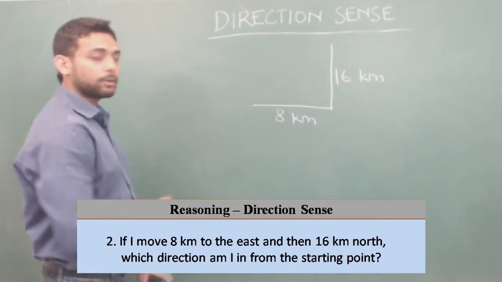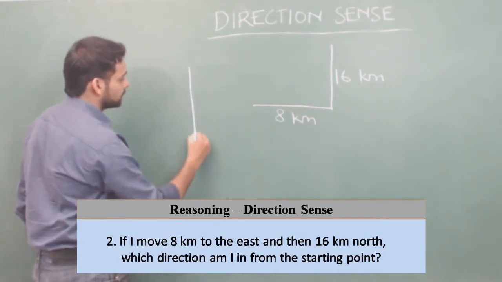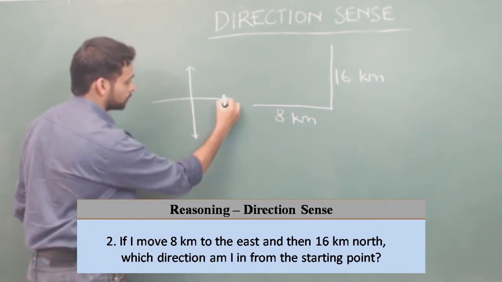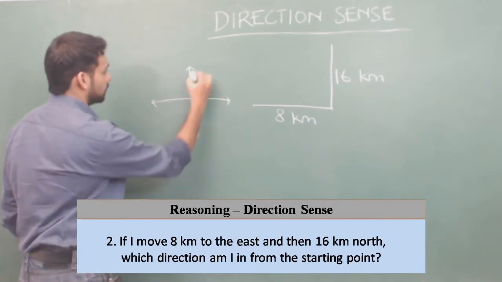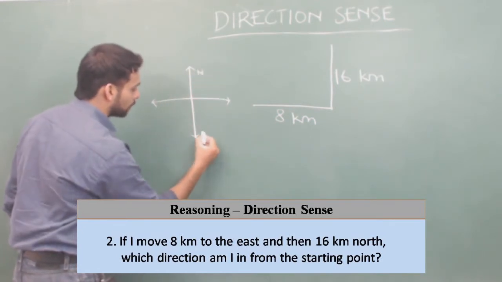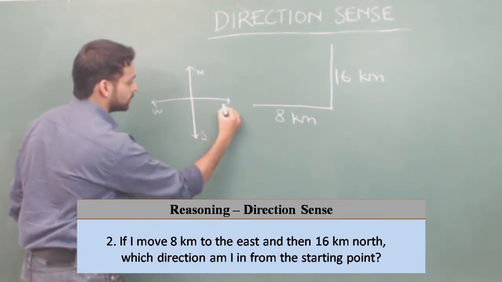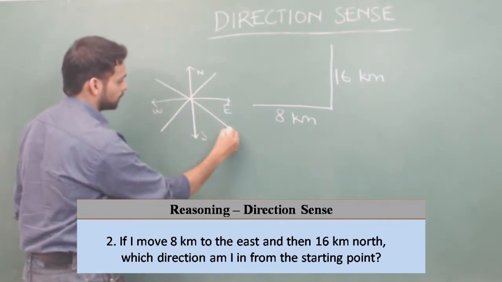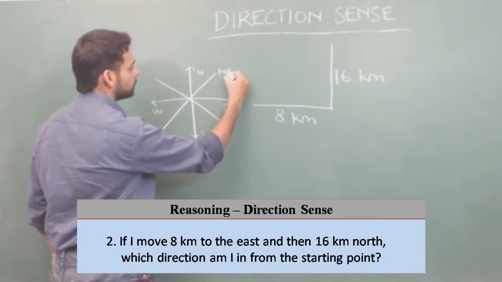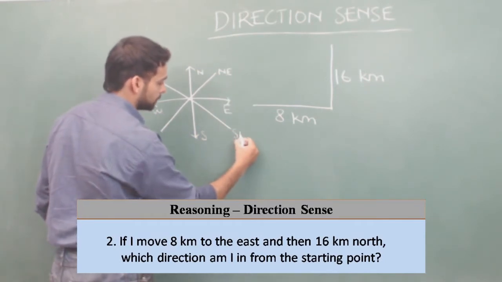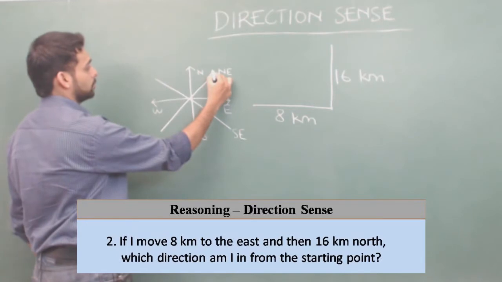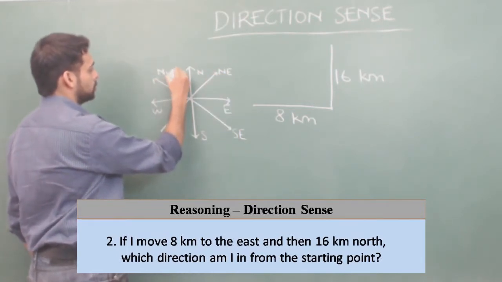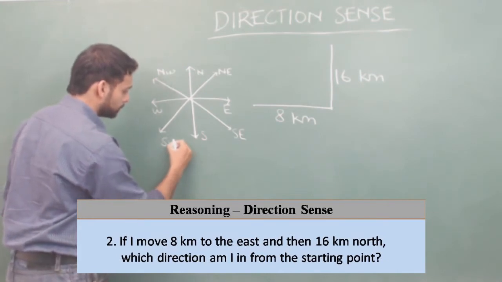Okay, so I'll refer to my compass. So I have my directions with me: north, south, west, east, and northeast, southeast, then northwest and southwest.